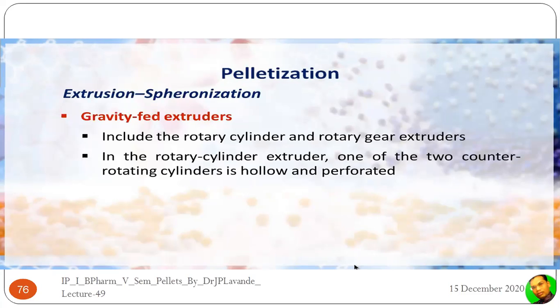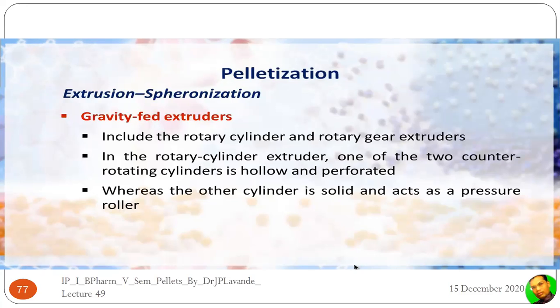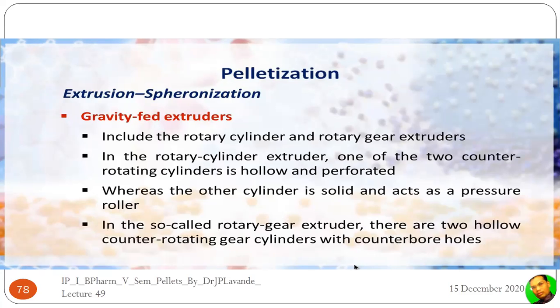That is the principle. Whereas the other cylinder, that is solid, acts as a pressure roller, the way I had explained to you just now. In the so-called rotary gear extruder, there are two hollow counter-rotating gear cylinders with counter bore holes. So that means here, in case of the rotary gear extruder, you are going to find two different cylinders, these are hollow and perforated.